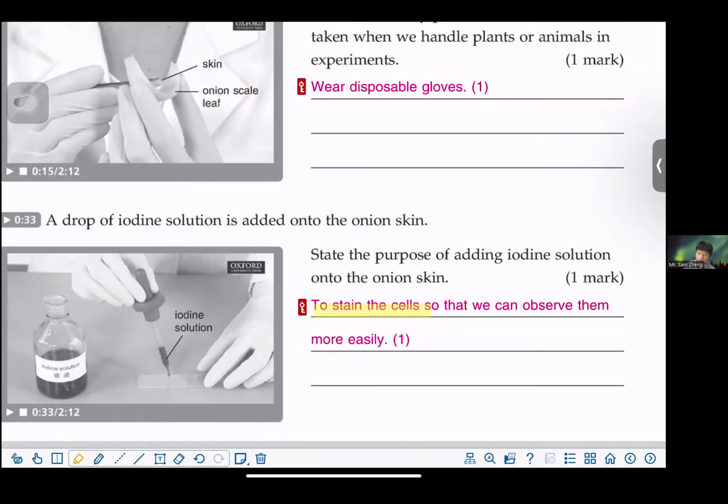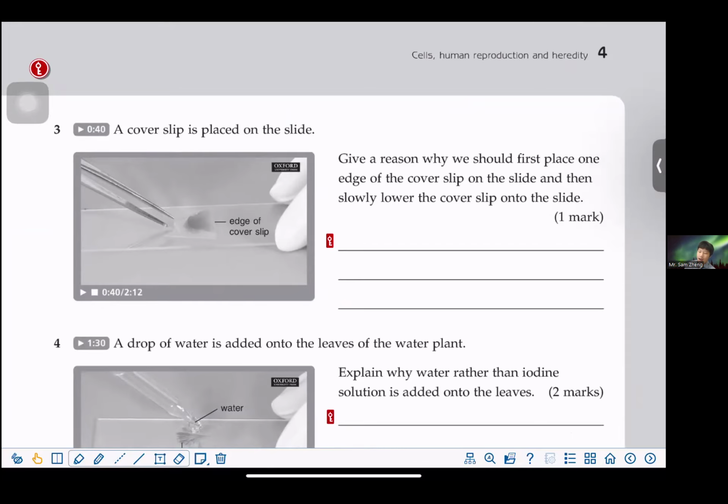Next, why is it important for us to place one edge of the cover slip first before we drop the cover slip? This is because without that, there will be a lot of air bubbles trapped inside the slide.